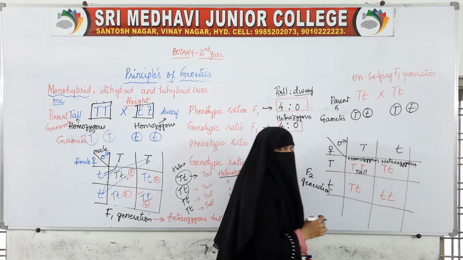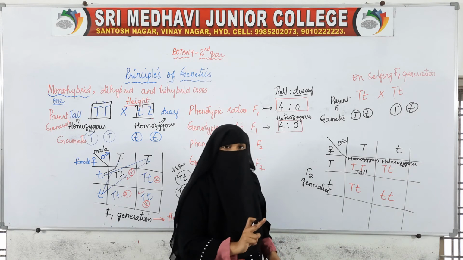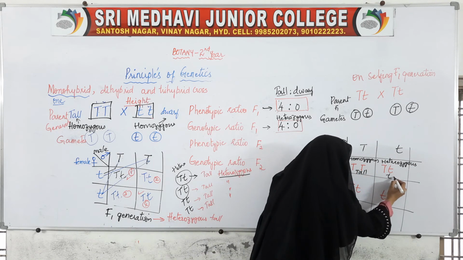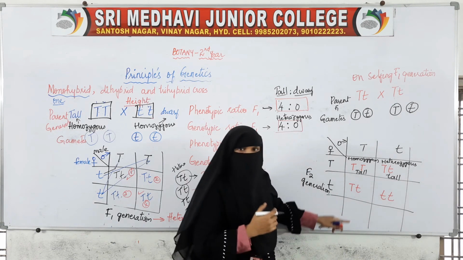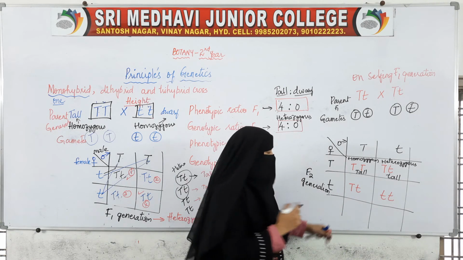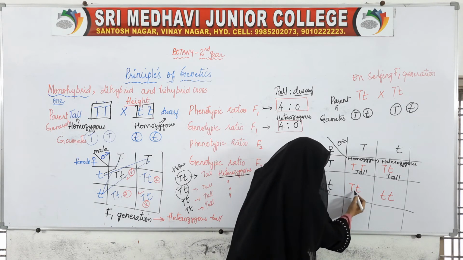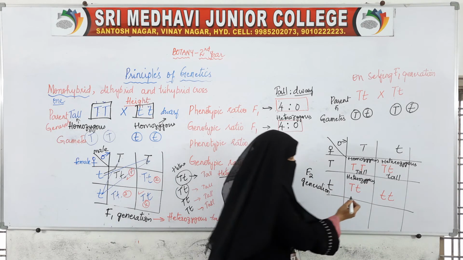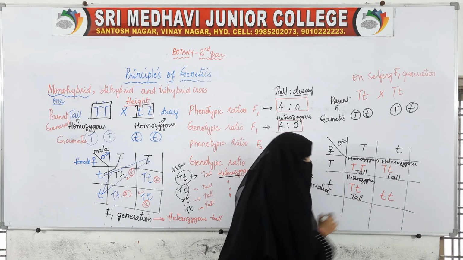And if capital T and small t, it will be tall only because T is the dominant one. This is heterozygous, tall. This is heterozygous, tall. Now coming to this, this is also capital T, small t, so this is also heterozygous. And as it has capital T, appearance wise it will be tall.